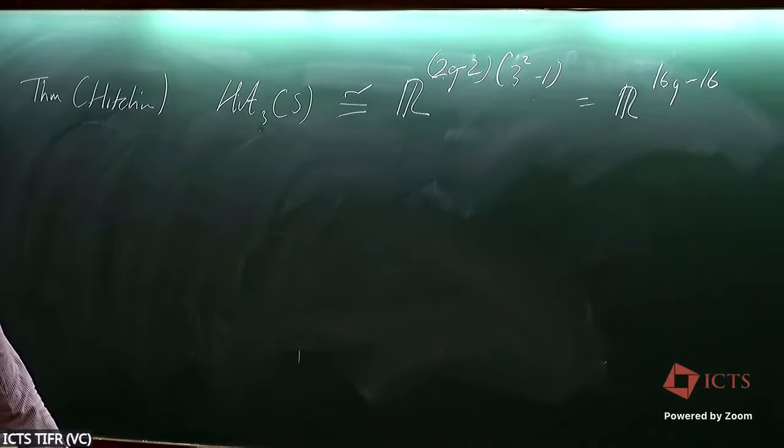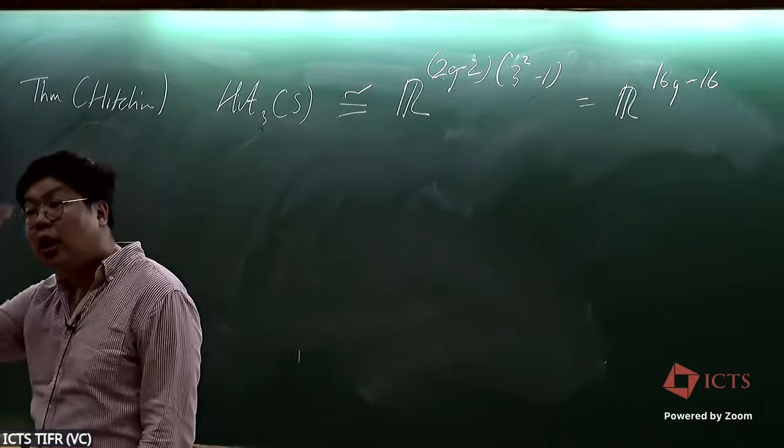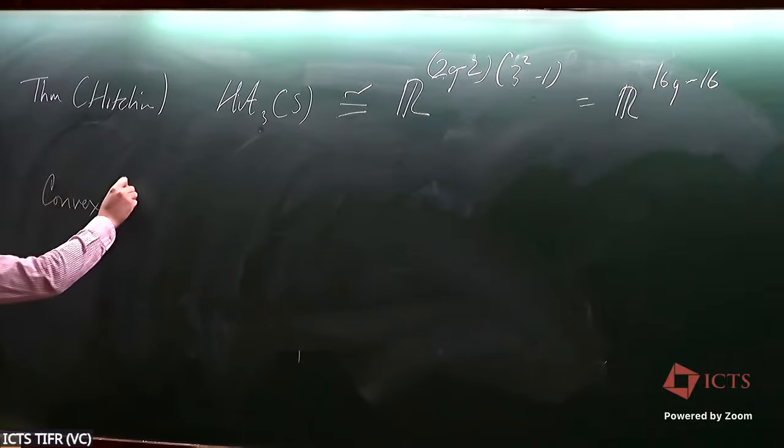Okay, so that's all nice, but you might ask, well, so what? I mean, this is kind of the algebraic perspective, and we're all geometers and topologists here. So why do we care about this? Well, we saw from Mike's lecture, there was this notion of convex real projective structures.